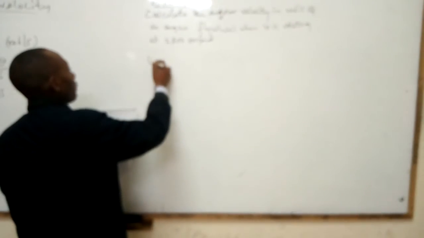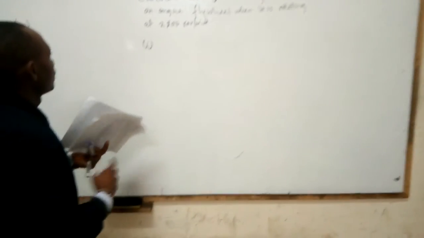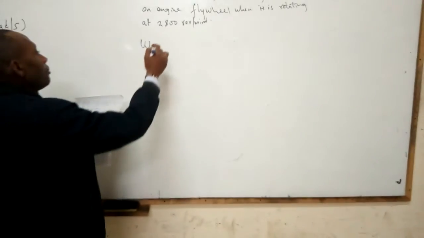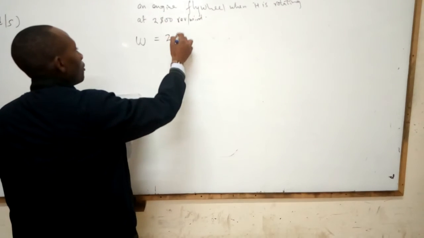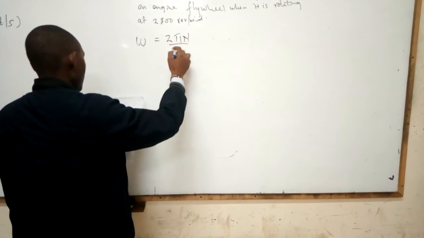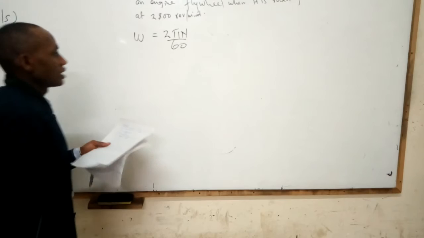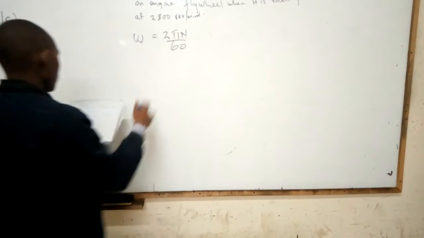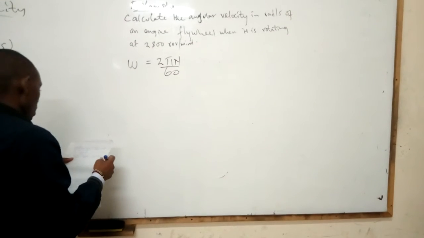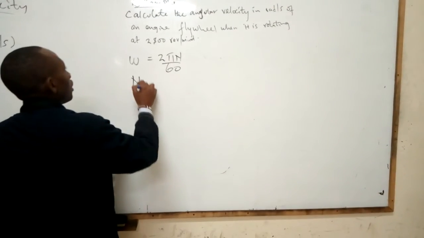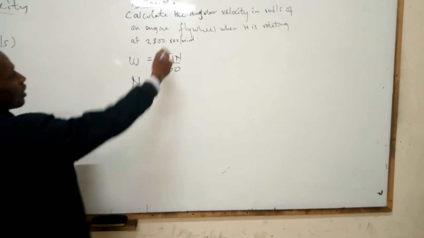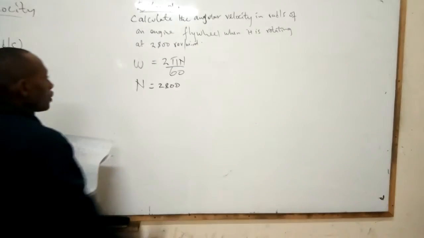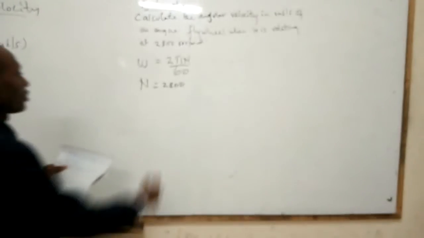You know omega is given by 2 pi n over 60 radians per second. You are given n, the revolutions, that is 2,800 revolutions per minute.